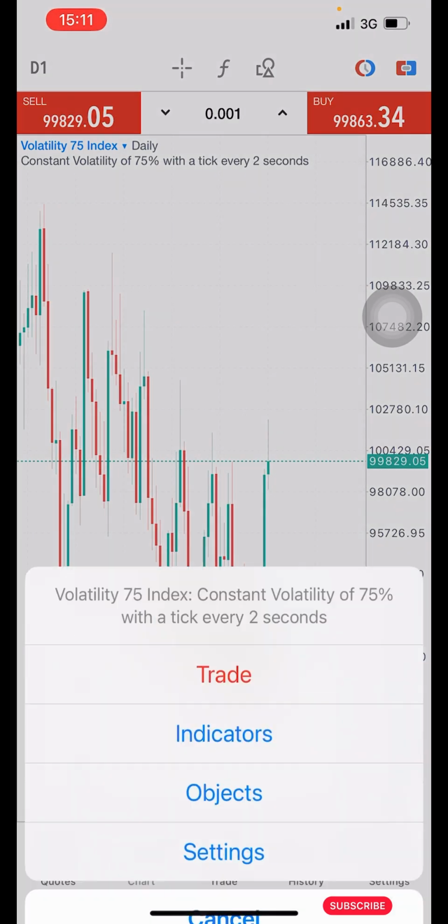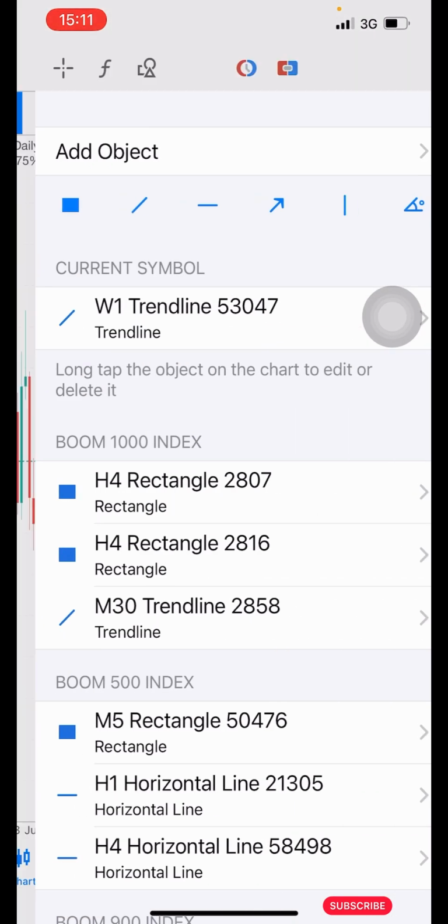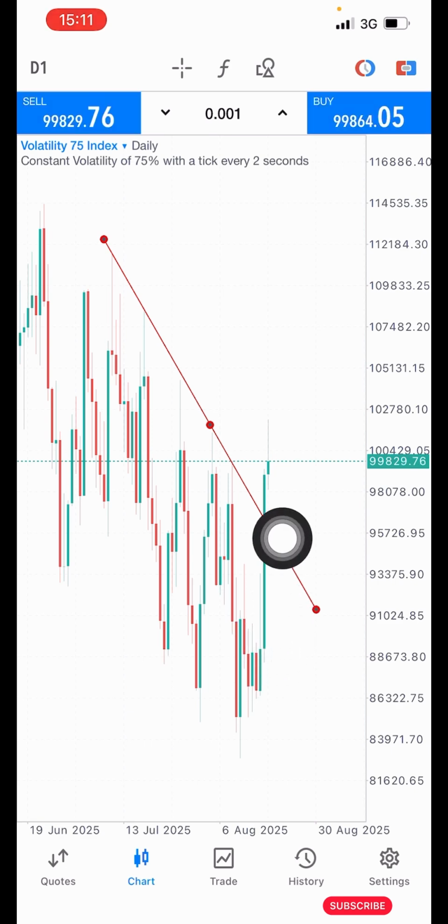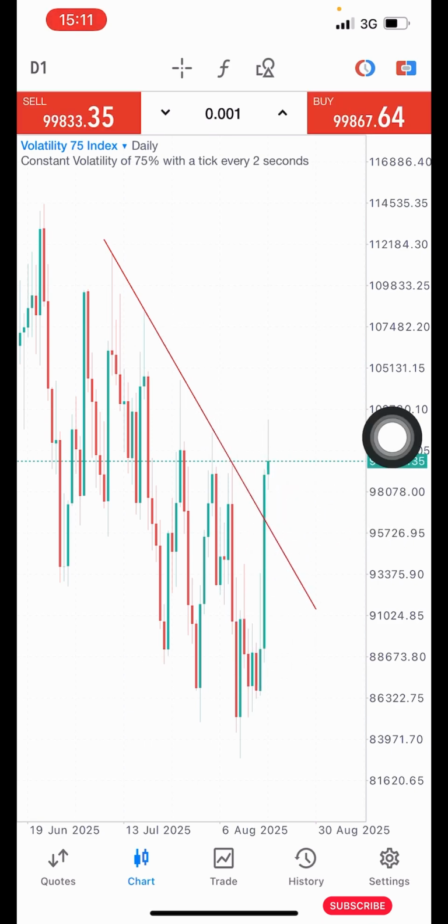You can see the market is kind of going down right now, so I will say the overall trend of the market is a downtrend. But the trend line here has been broken above, and the trend is kind of wanting to change direction to an uptrend, but I will not go based on this.